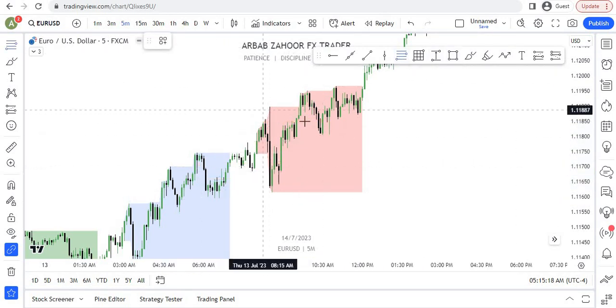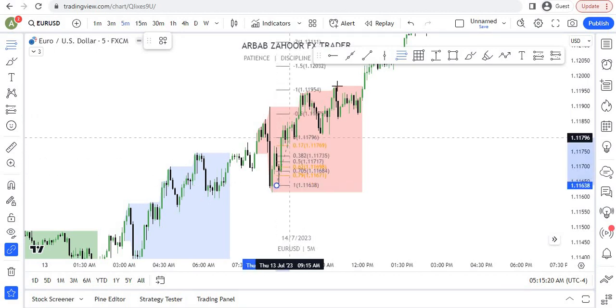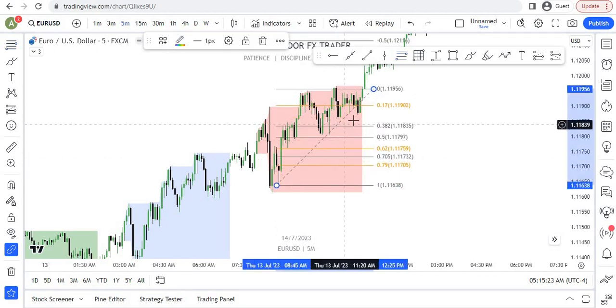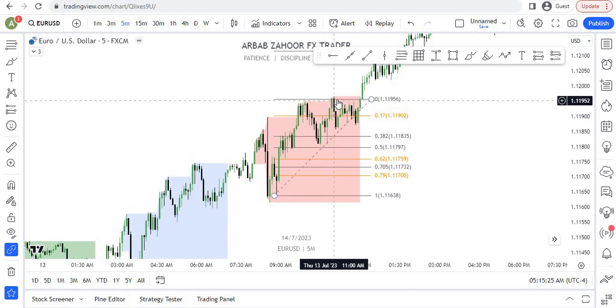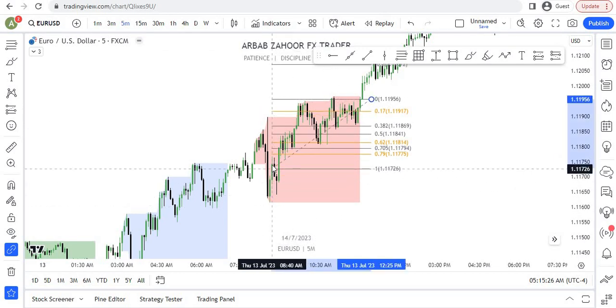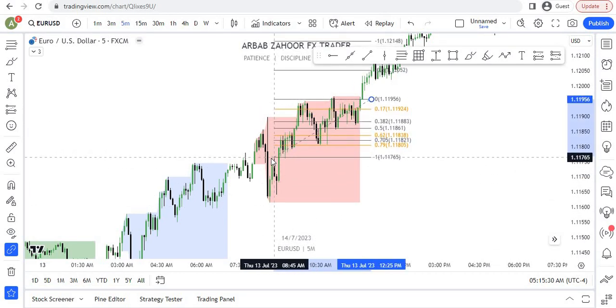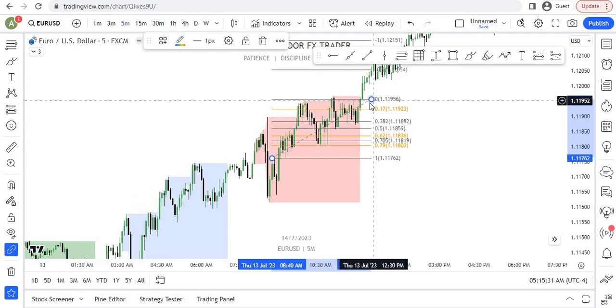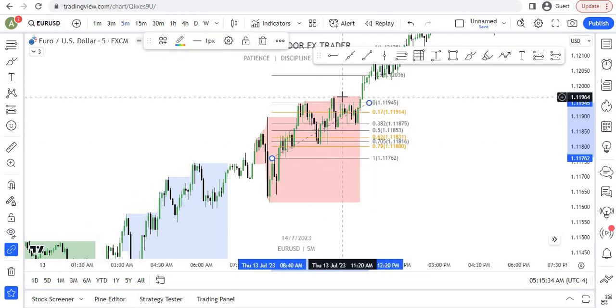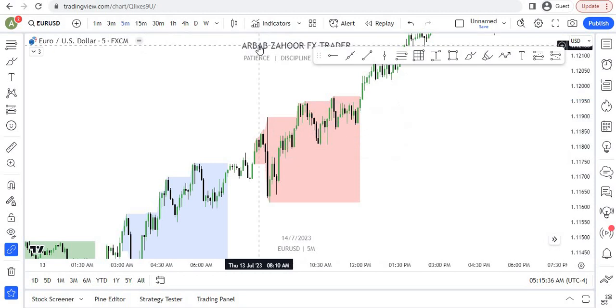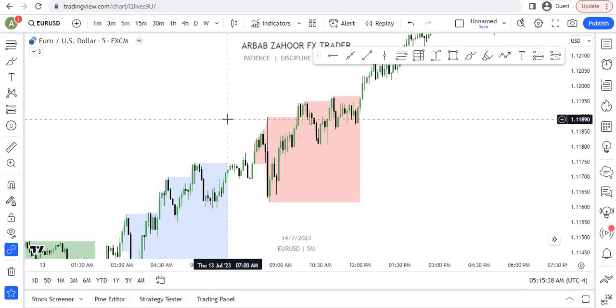Remember, from here to here, if you don't get entry, don't worry, no problem. You can move to the upside and you get an entry. Simple, don't worry. Try this, backtest this, you will definitely find an entry.